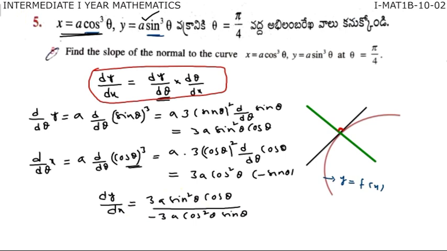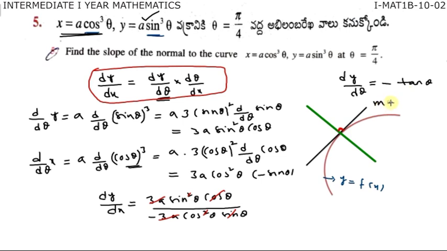So again, here 3a gets cancelled, 1 cos theta gets cancelled, 1 sin theta gets cancelled. So dy by dx is equal to sin theta by cos theta, minus is there, that is minus tan theta.